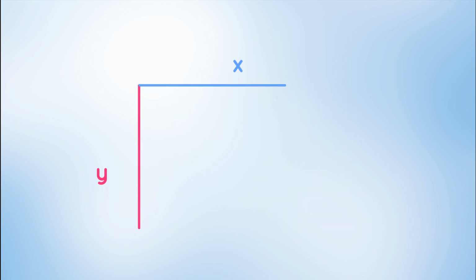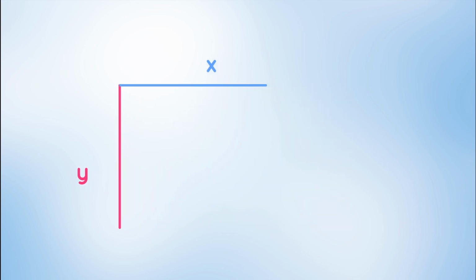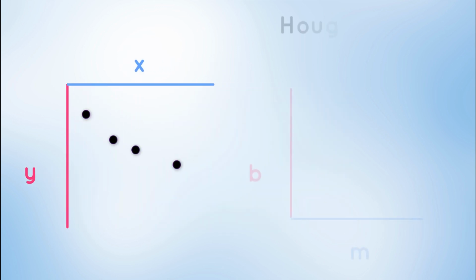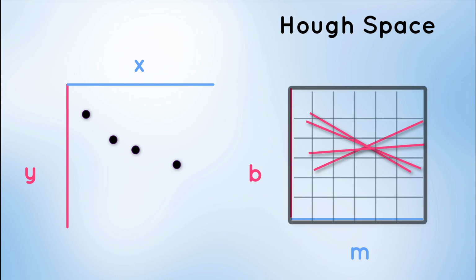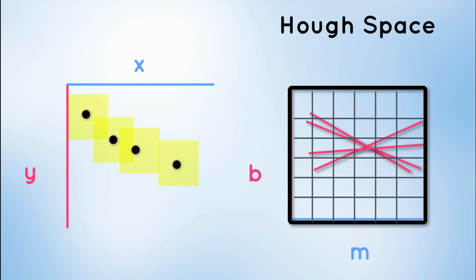Well, take these 4 points for example in our image space, which correspond to the following Hough space. What we're going to do is first split our Hough space into a grid, each bin inside of our grid corresponding to the slope and y-intercept value of a candidate line. For example, what if I told you these points belong to a line? What is that line? Well, I can see that there's points of intersection here, there's some here, and some here as well.